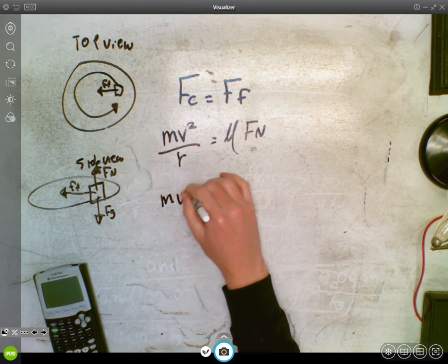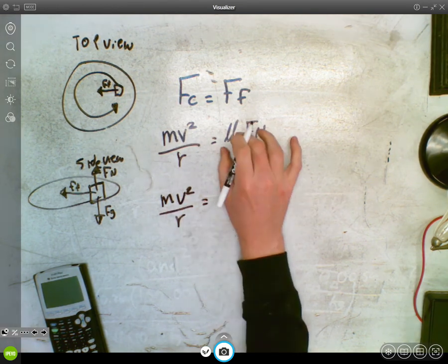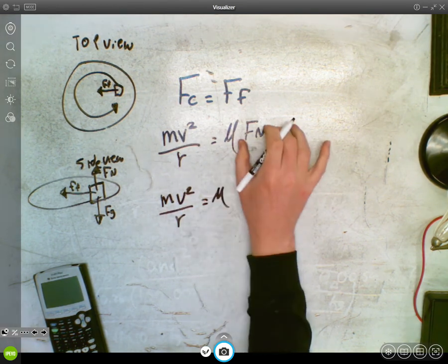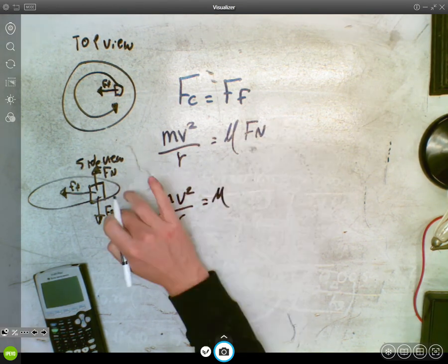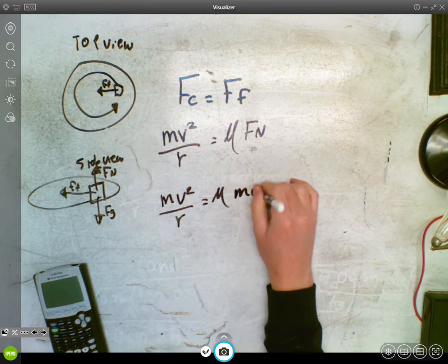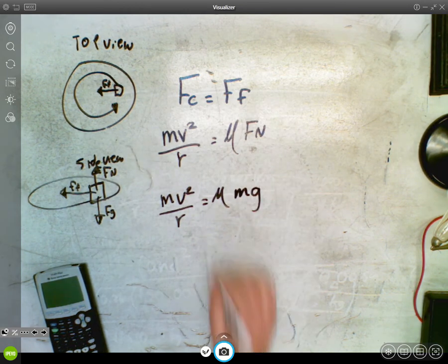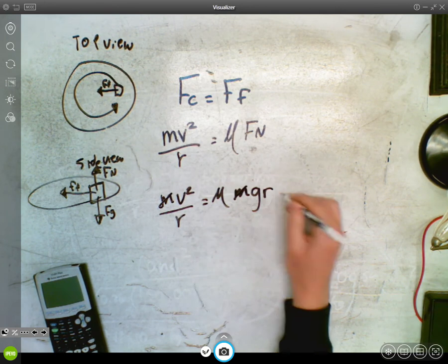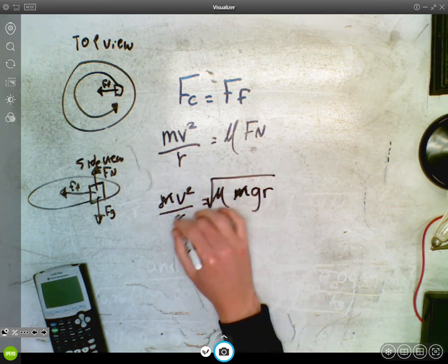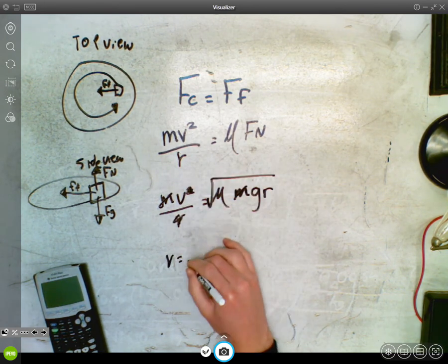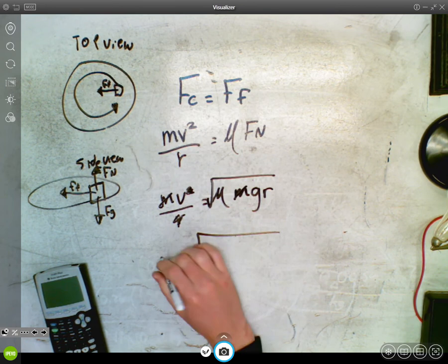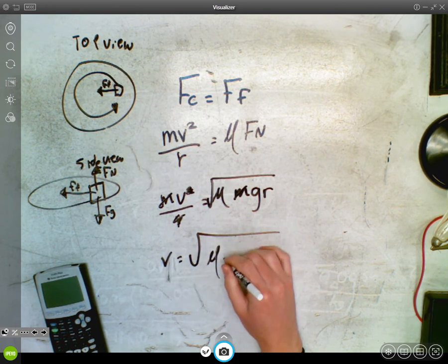We have mv squared over r, and mu, but force normal is going to equal my force of gravity, and force of gravity is equal to mg like we did before. My masses cancel out. I can move r up there and square root it. So we end up getting v is equal to the square root of my coefficient of friction times g times r.